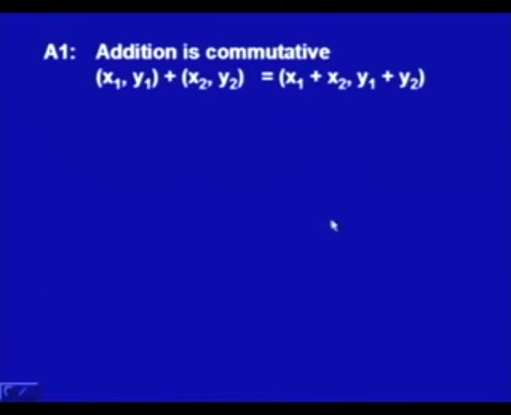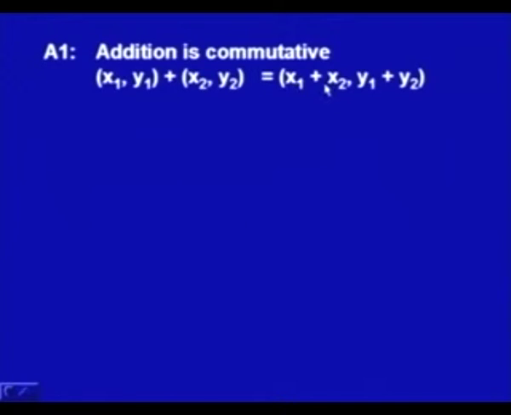Now, we have to check whether all the other axioms A1 to A8 are satisfied or not. So, to start with, we first consider A1, which means addition is commutative. So, to check this, we consider two vectors, first is (x1, y1) and the second is (x2, y2). By definition, the way we have defined vector addition, it is (x1 plus x2, y1 plus y2), but x1, x2, y1 and y2 being real numbers, their sum is also a real number.